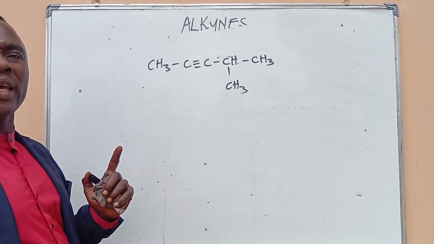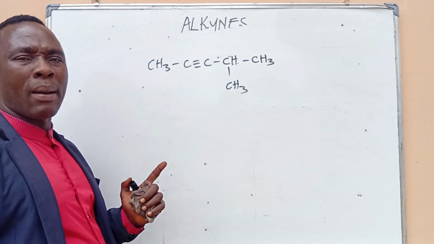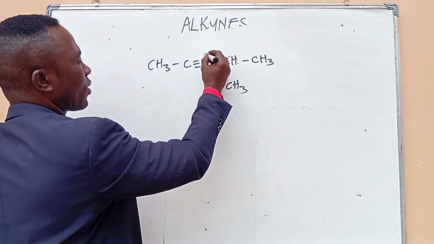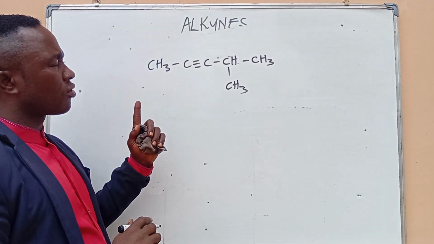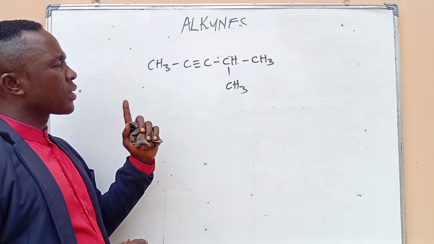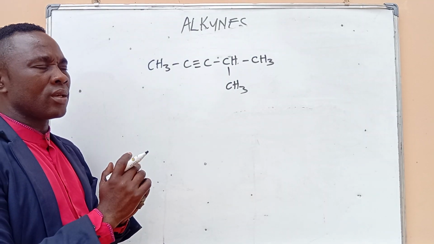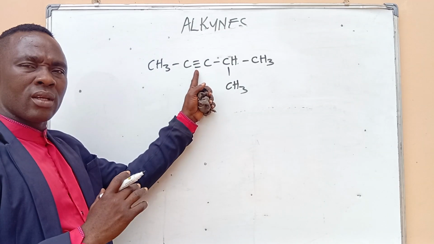Now, what is the longest carbon chain that bears the triple bond? This is the longest carbon chain that bears the triple bond. But when we are numbering it, we must number in such a way that the triple bond takes the least position possible.